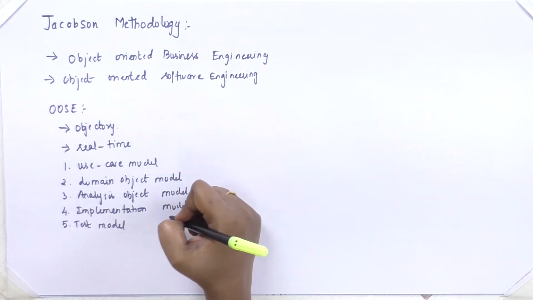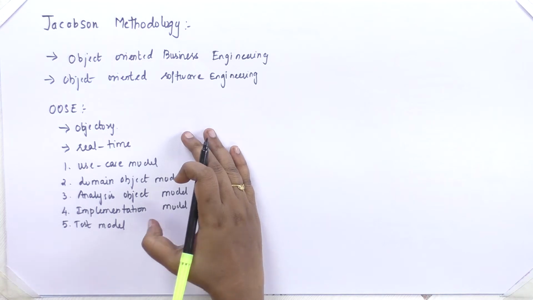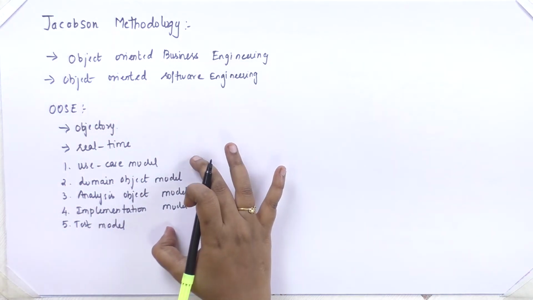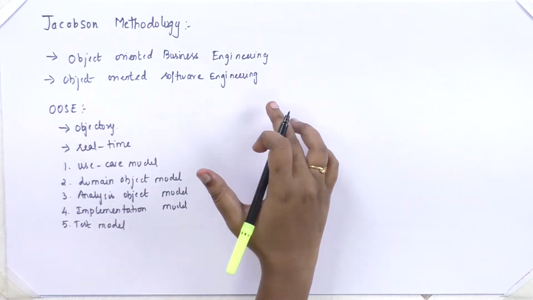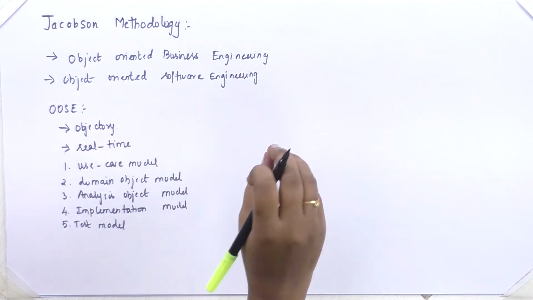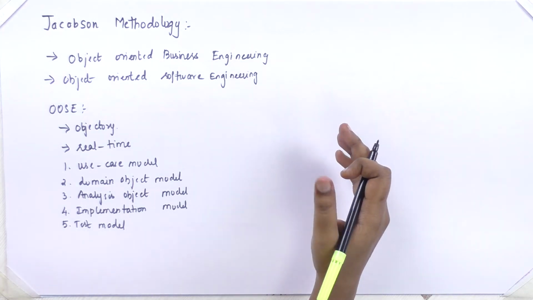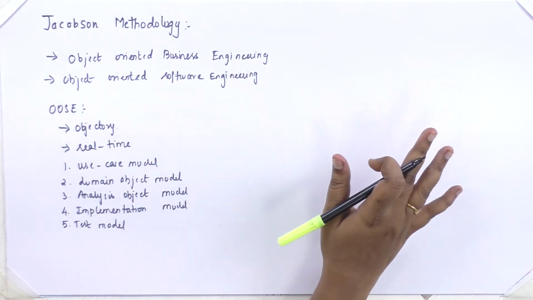These are the models that are built using the object-oriented software engineering technique. Using these models, the technique will develop a solution for a software problem, a system for the user's required problem.